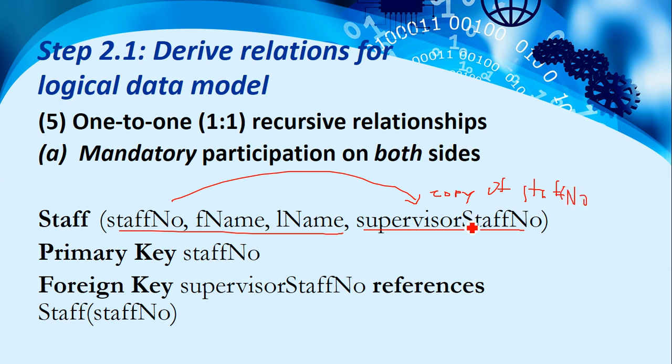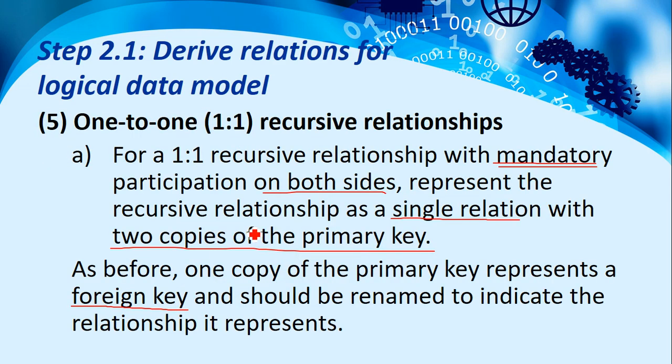We renamed it because you cannot have a staff number and another staff number. So we have to rename this one into a different name, so we made it supervisor staff number. And since it's also mentioned, one copy of the primary key represents a foreign key.